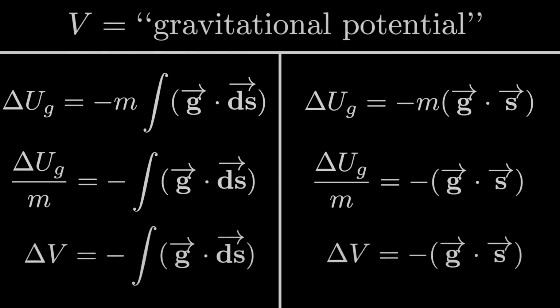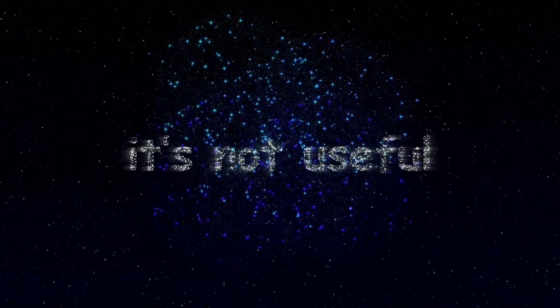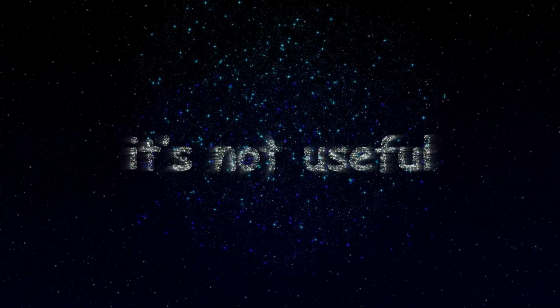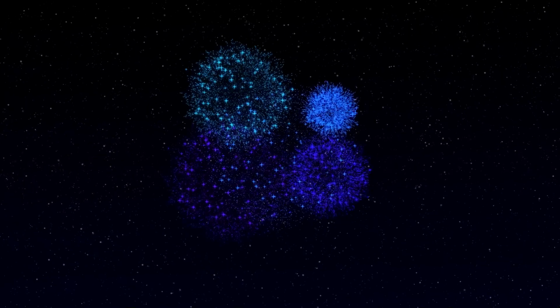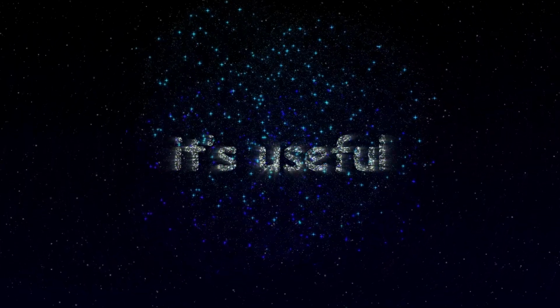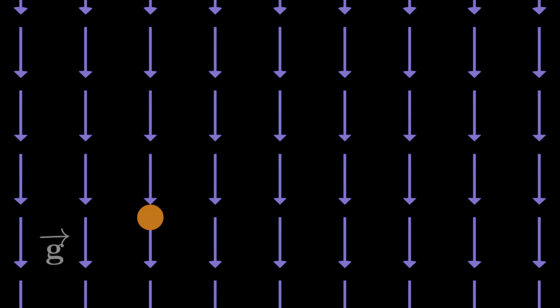So what gives? Why didn't we stress gravitational potential way back then? And why are we stressing electric potential now? Before, when we were dealing with problems involving gravity, we usually weren't dealing with wildly varying gravitational fields.